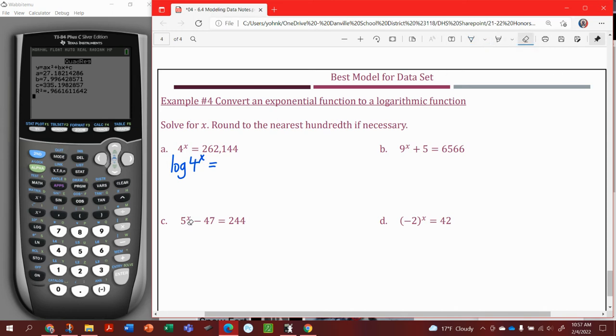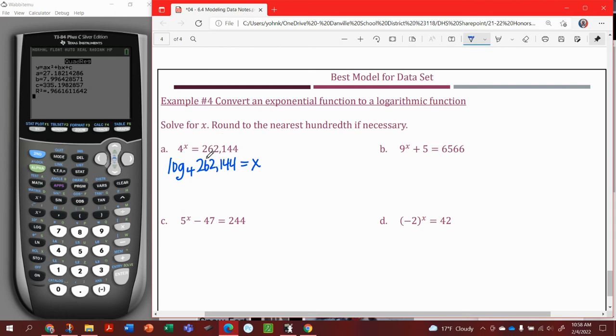Scratch that. We're going to use the change of base formula. The change of base formula is used after you change it to a logarithmic function. So I'm going to change this exponential to logarithmic by doing the log base 4 of 262,144 equals x. Remember, 4 to the x equals 262,144, so I can go backwards.